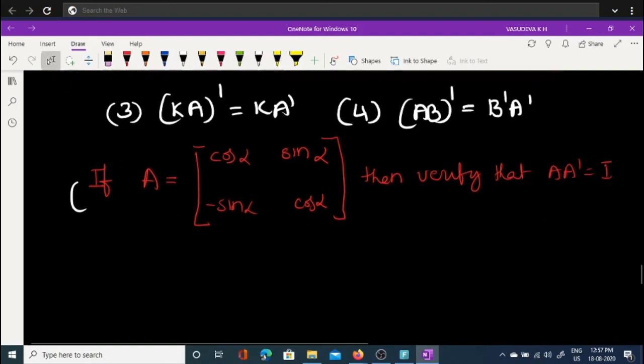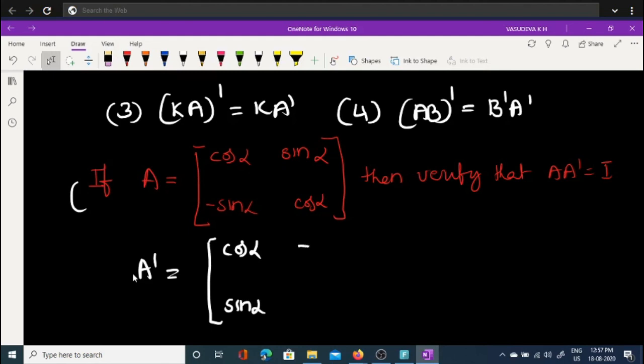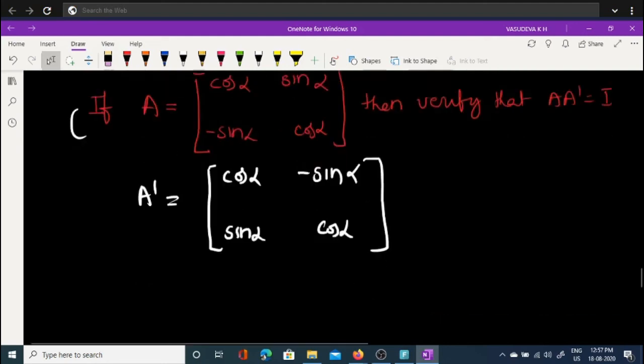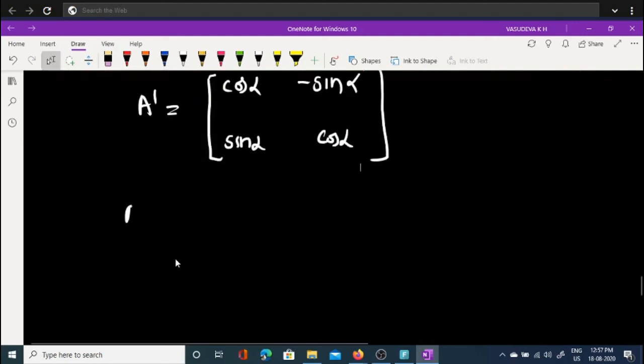So now consider A dash. So A dash is cos alpha, minus sin alpha, sin alpha, cos alpha. So take A into A dash. You can also take A dash into A, but the question is given as A into A dash, so take A into A dash.